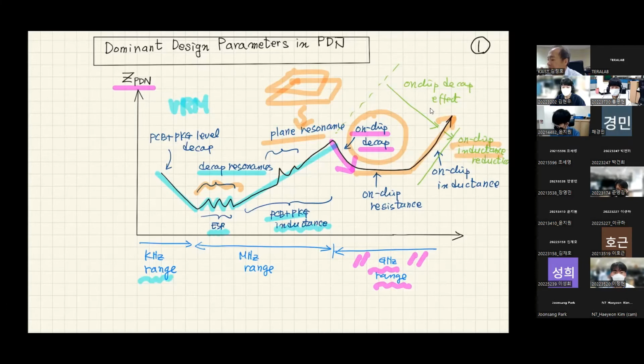So anyway, in this class today, I'm going to talk about how to generate the on-chip decoupling capacitors and how to minimize on-chip resistance and how to minimize on-chip inductance. That is going to be the subject of class today.